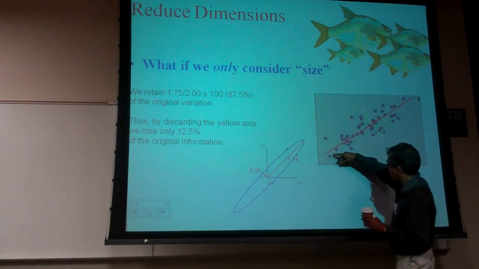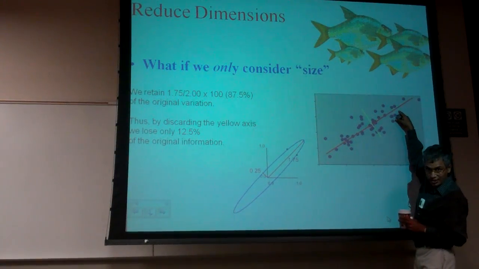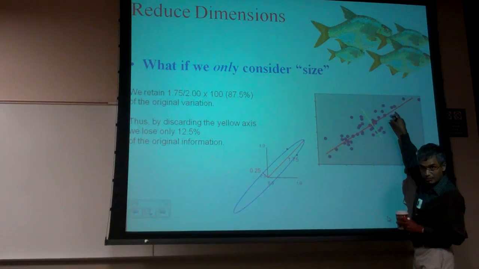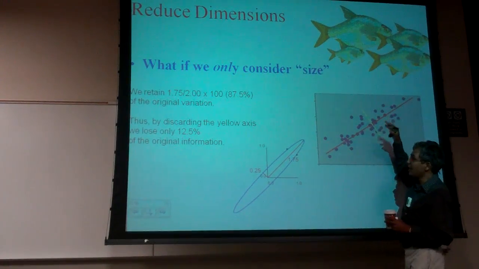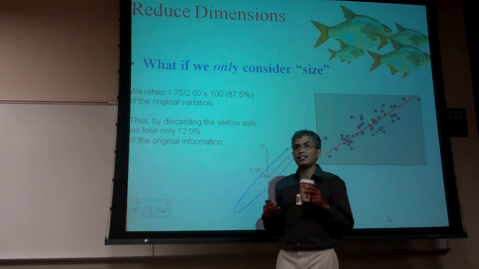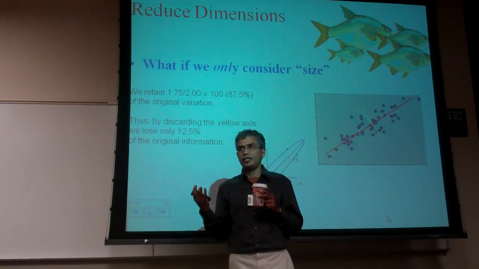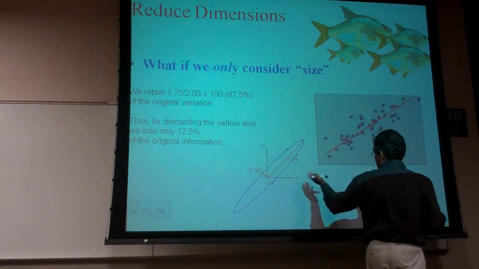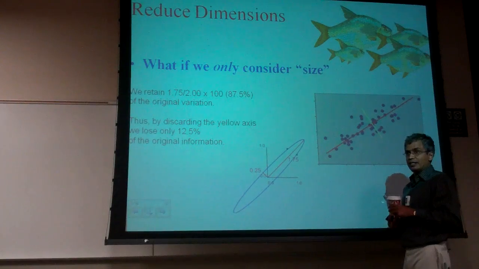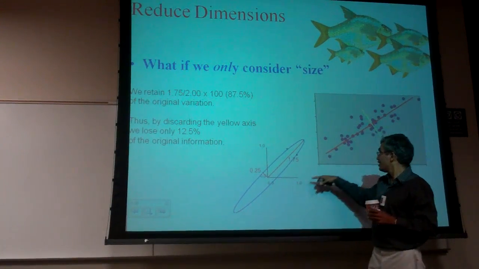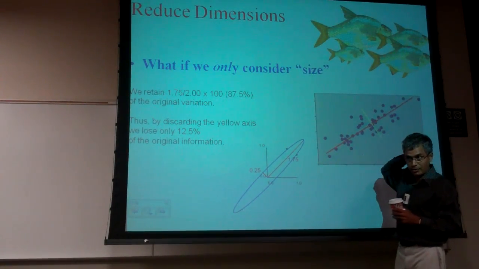The primary eigenvector would be your primary direction, the one that captures the maximum variance, and the one that's orthogonal. All eigenvectors are orthogonal to each other. That's the whole point of eigenvectors. So in 2 dimensions, there can only be 2 of them, obviously. And then the secondary eigenvector captures the remaining amount of variance.